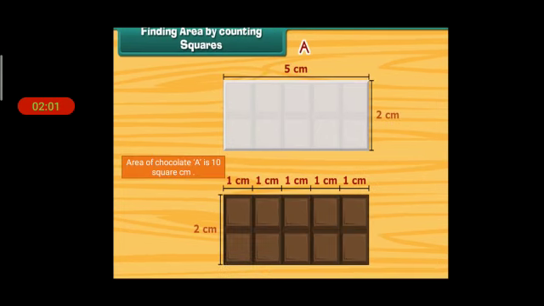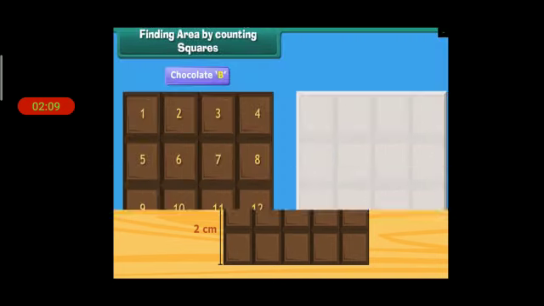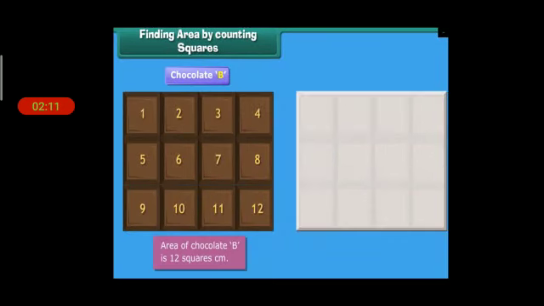So, the area of the chocolate is 10 square centimeter. And if we look at chocolate B, there are 4 blocks in its length and 3 blocks in its width. The area of this chocolate is 12 centimeter square.